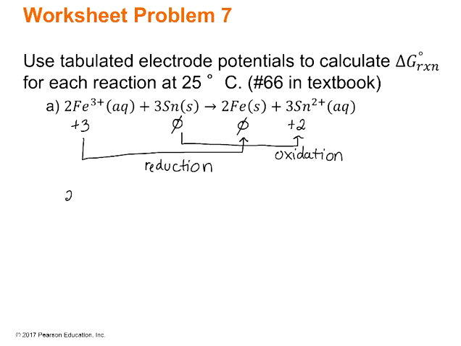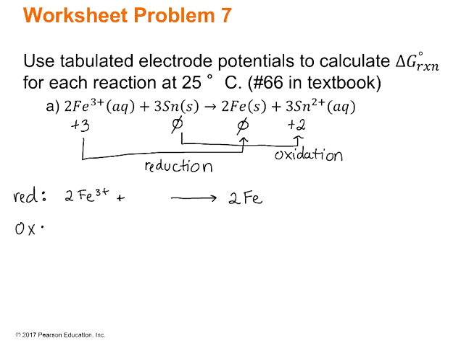So we've got 2Fe3 plus, and that is going to gain some electrons. We'll figure that out in a second. And then it will become 2Fe. So this is our reduction half reaction.